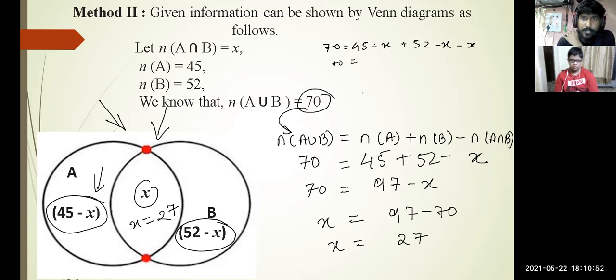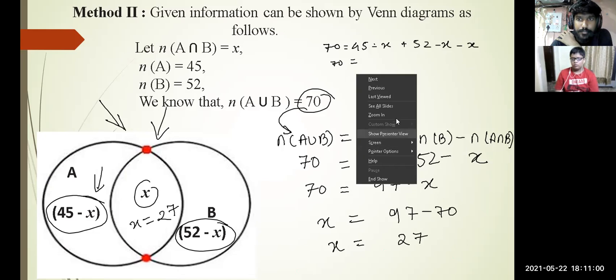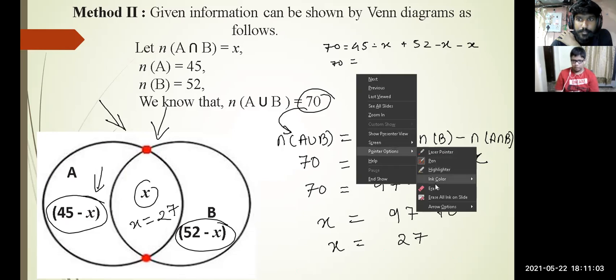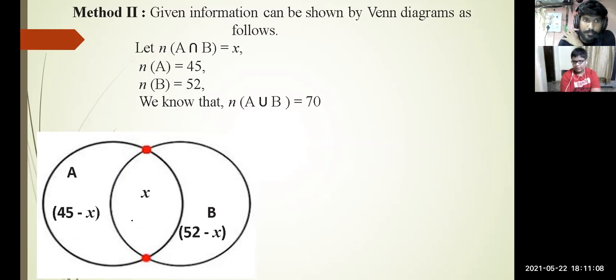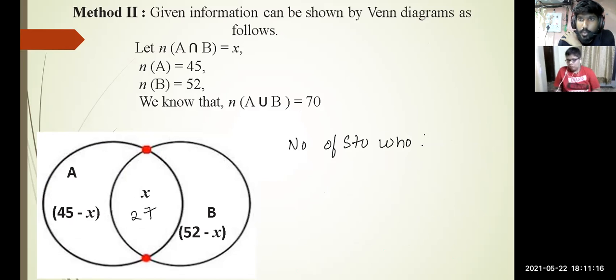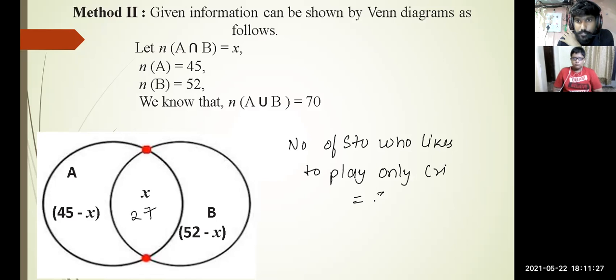And if they ask, find the number of students who like to play only cricket, how will you do that? I would subtract 27 from 45. Yes, correct. So the number of students who like to play only cricket would be 45 minus 27.